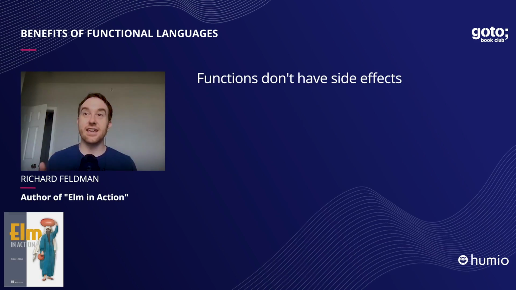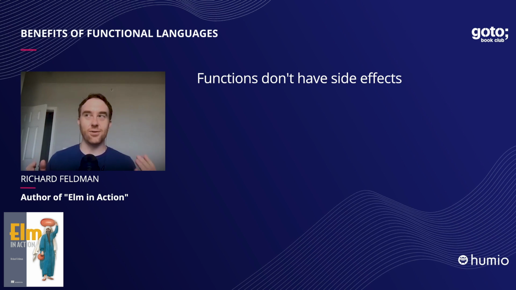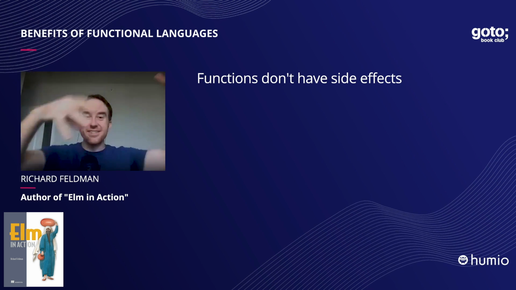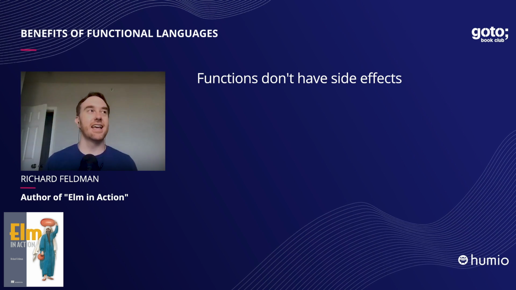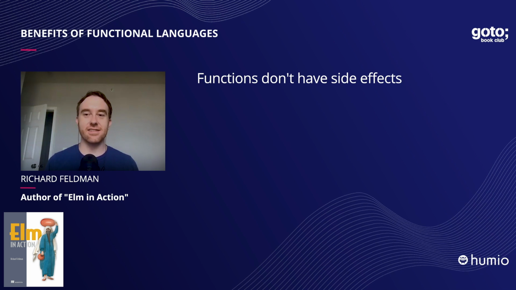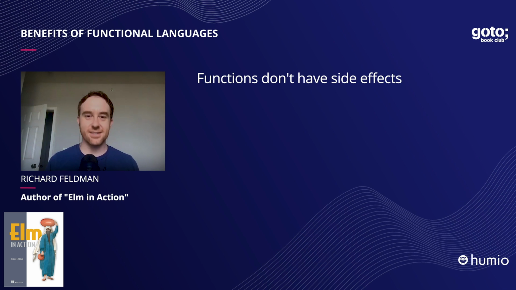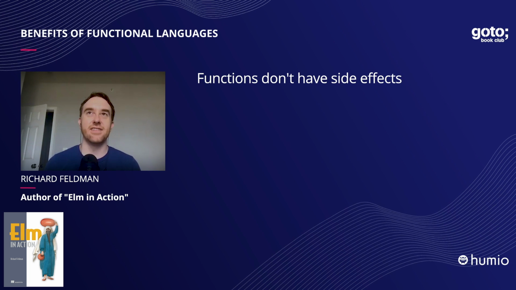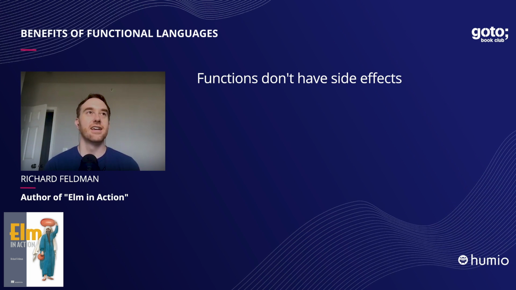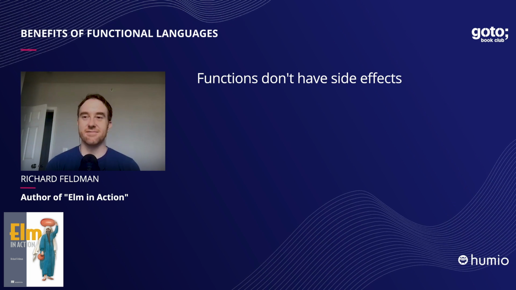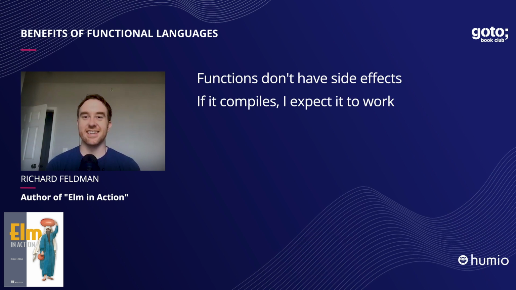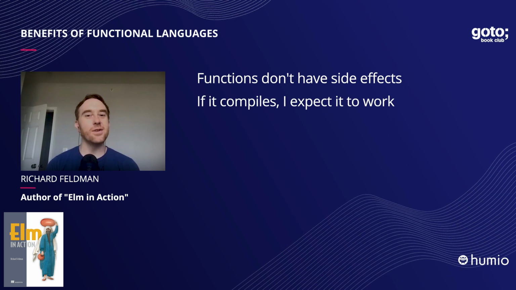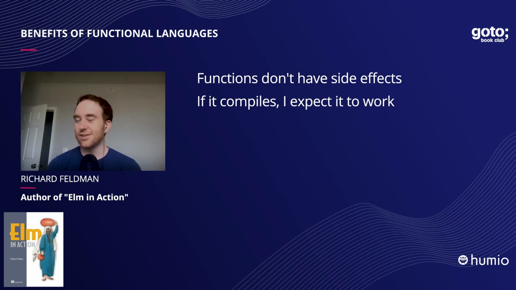Because in Elm, like you said, when you have the guarantee that functions don't have side effects, you really can just rearrange them however you want to make the code nicer and have the full expectation that it's going to work again afterwards. But even in Rust, that has not been true for me. I've definitely broken stuff just by reordering it. Whereas in Elm, I'm like, yeah, just reorder it, it's fine. If it compiles again, it's going to work. And it almost always does, to almost a shocking degree.